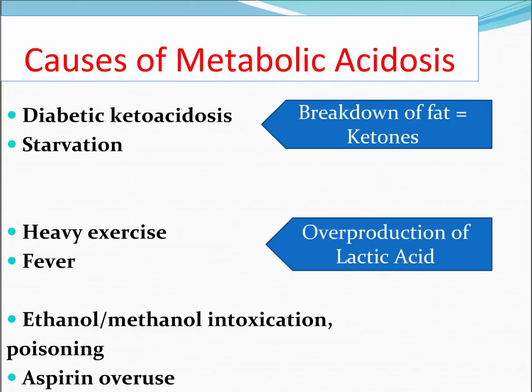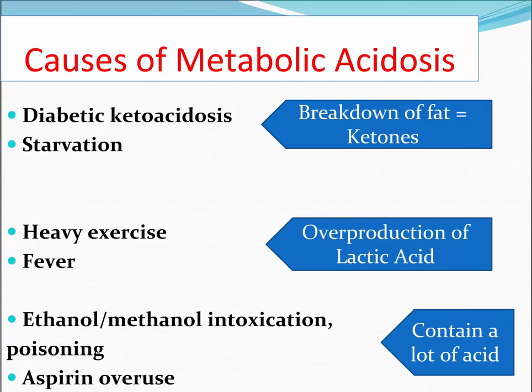An over-ingestion or an overdose of ethanol or methanol or even aspirin can result in metabolic acidosis simply because they contain a lot of acid. So whether it's intentional poisoning, overdose, or unintentional, those items can cause metabolic acidosis.